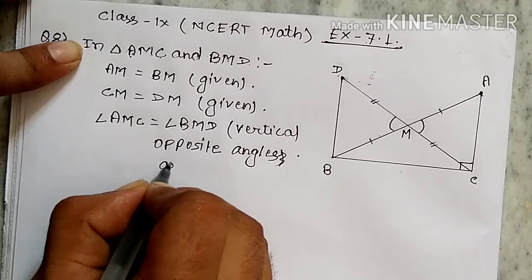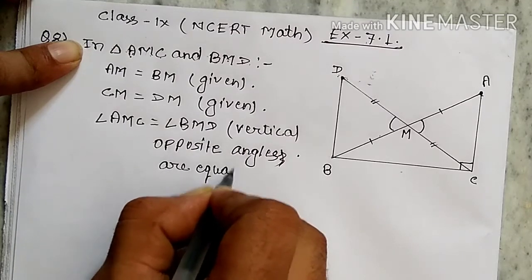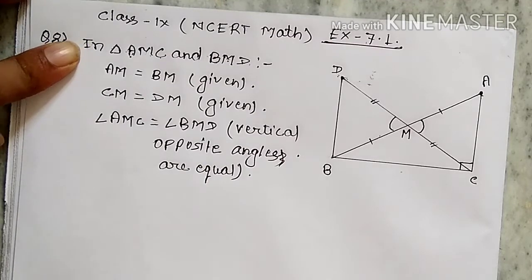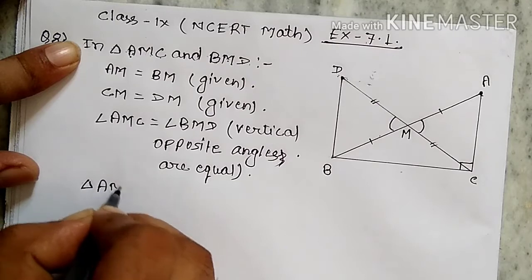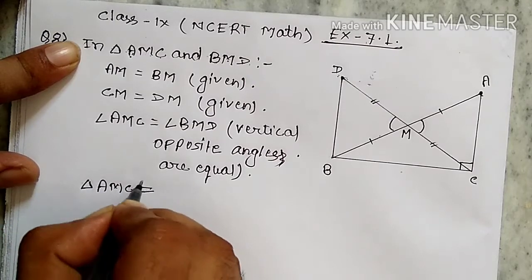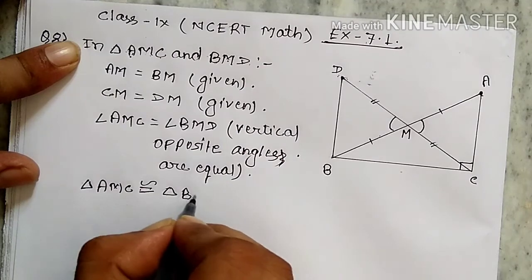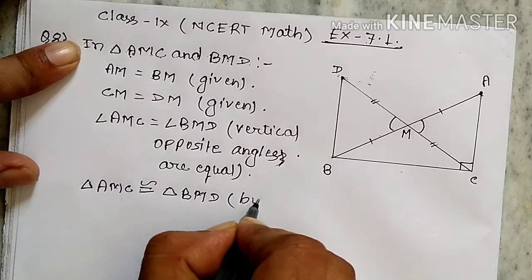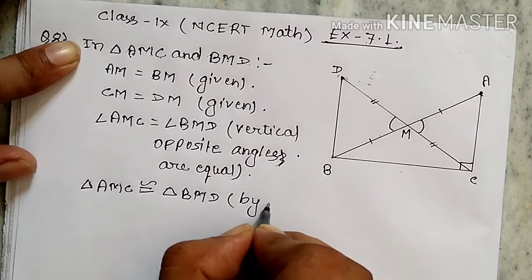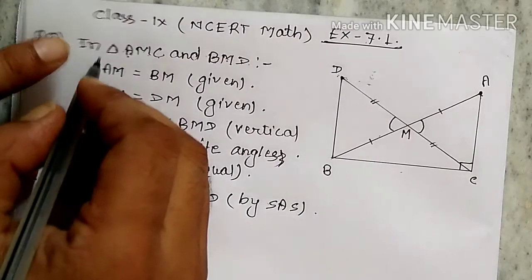Vertically opposite angles are equal, so we can say that triangle AMC is congruent to triangle BMD by the SAS congruency theorem. This is the first part.